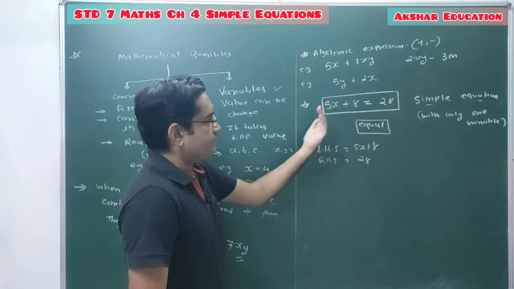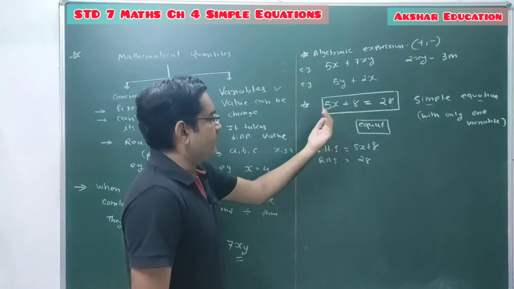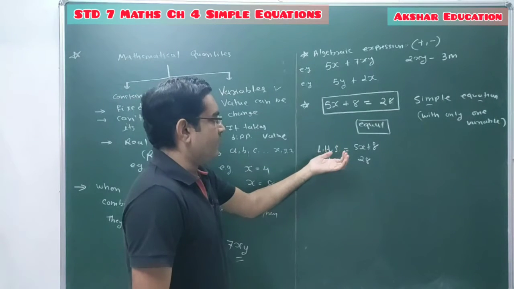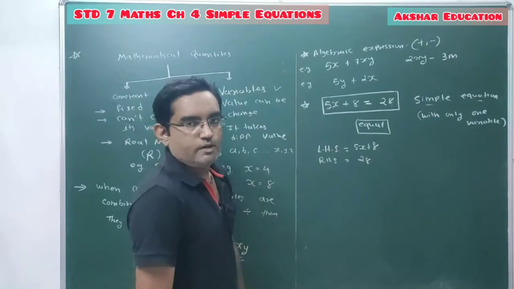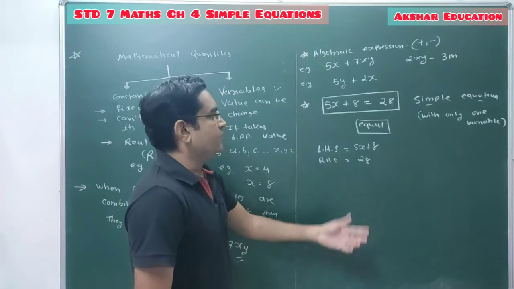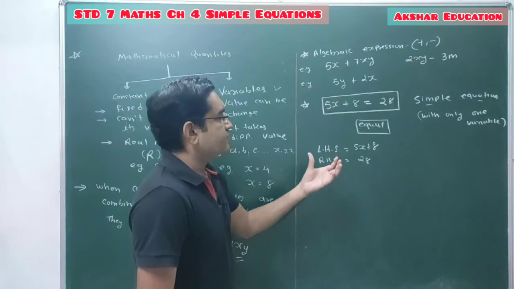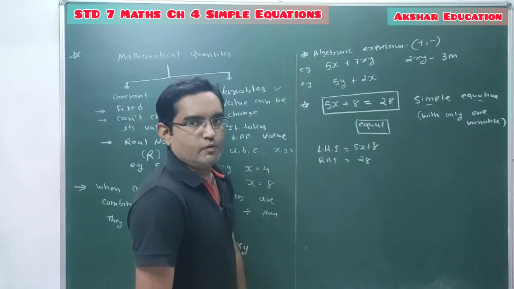The side on the left of the equal to sign is known as the left hand side, and the side on the right is known as the right hand side of the equation. Clear students? So this is how you can define your simple equation.